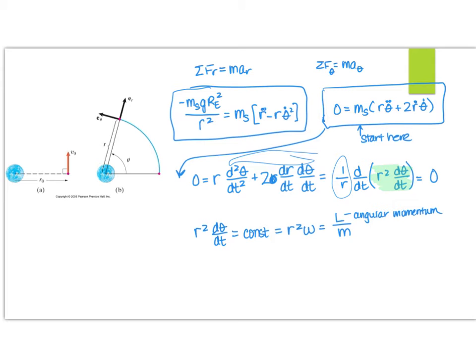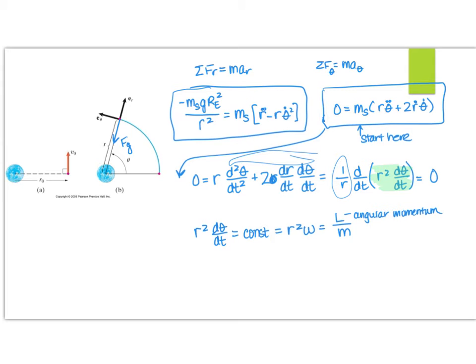This shouldn't actually be a shock. We saw this idea in general physics: the gravitational force, as it acts on an object orbiting, acts in the radial direction, so it does not produce a torque. And when you have no torque and an object has angular momentum, that angular momentum remains constant.